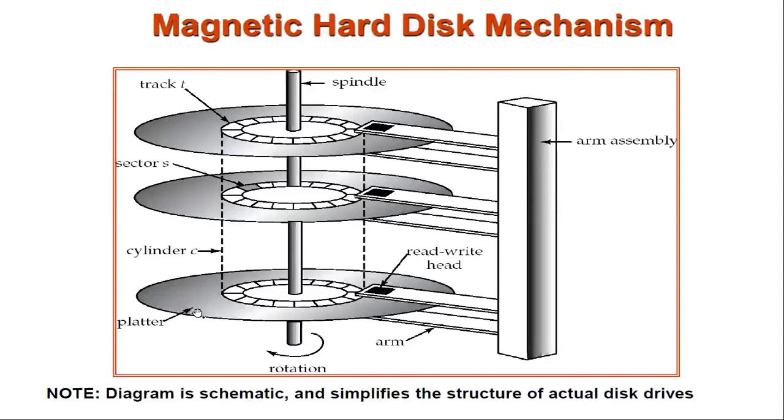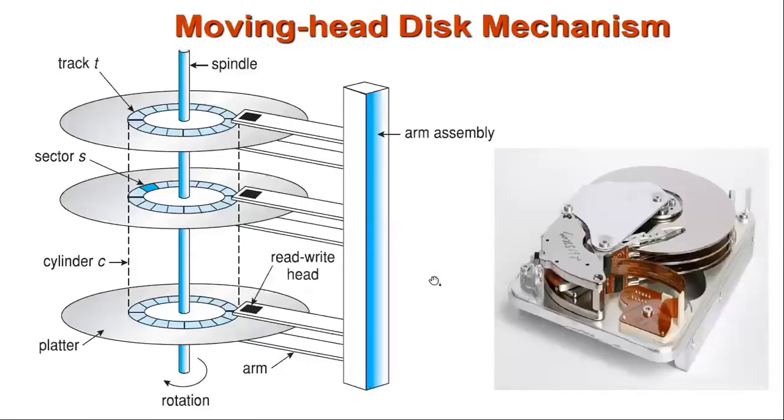It's like an imaginary part, right? And we call this plate in the disk a platter. You have the read-write head at the tip of each arm. At the center point, you have the spindle, which is rotating your disk at a very high speed.